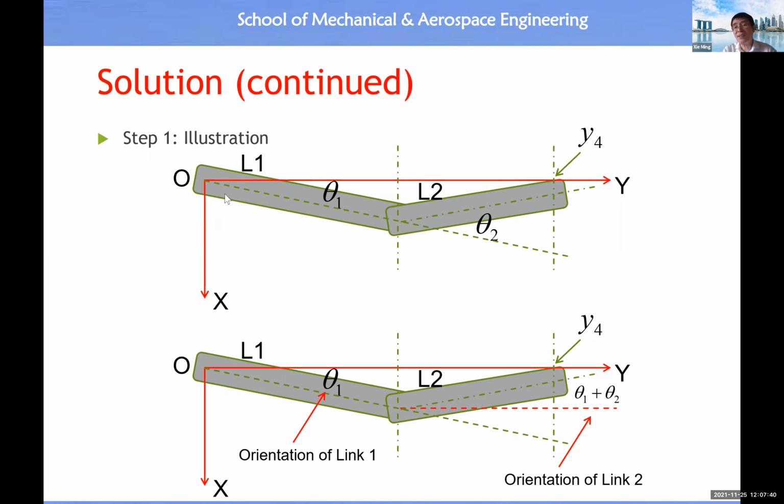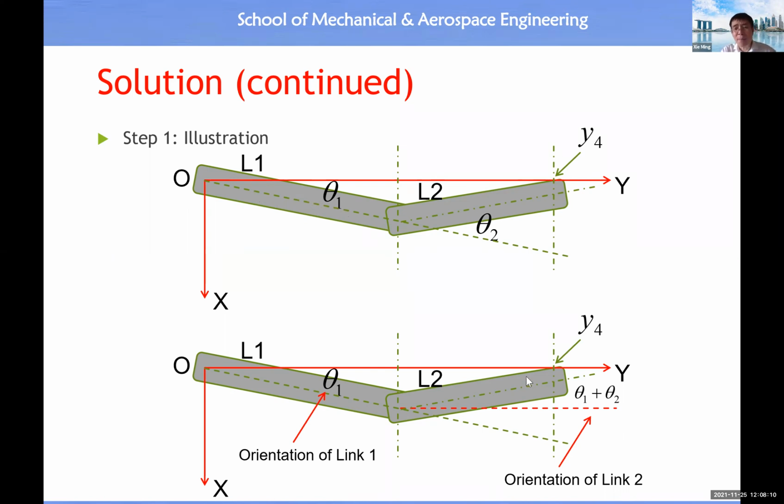Because this is a kinematic chain, link 2 is inside link 1, and link 3 is inside link 2. This is the way to form the mechanism. Therefore, the orientation of link 2 is referenced to the orientation of link 1. So θ2 is the orientation of link 2 with respect to link 1.